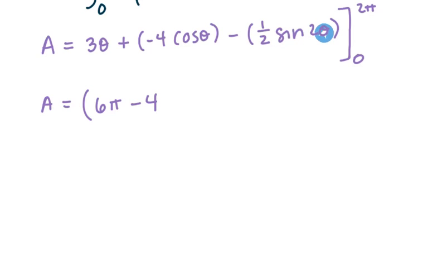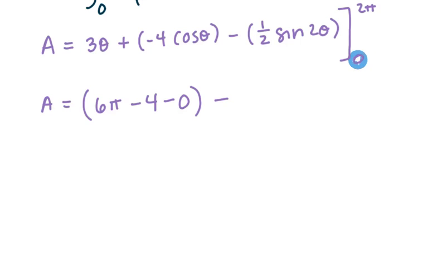And then sine at 2 pi, excuse me, because you know that it's very different. Sine of 4 pi is essentially the same as sine of 2 pi, which is essentially the same as sine of 0, all of which are 0. So that's going to be a minus 0.